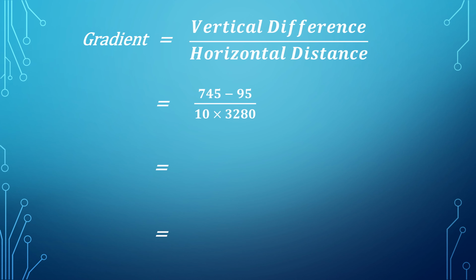Well, remember that the heights of both our market and factory are in feet. Therefore, the 10 kilometers, which is the distance between them, or the horizontal distance, is actually in kilometers. We cannot go any further in this calculation without converting our 10 kilometers into feet, or else our answer will just not make sense.